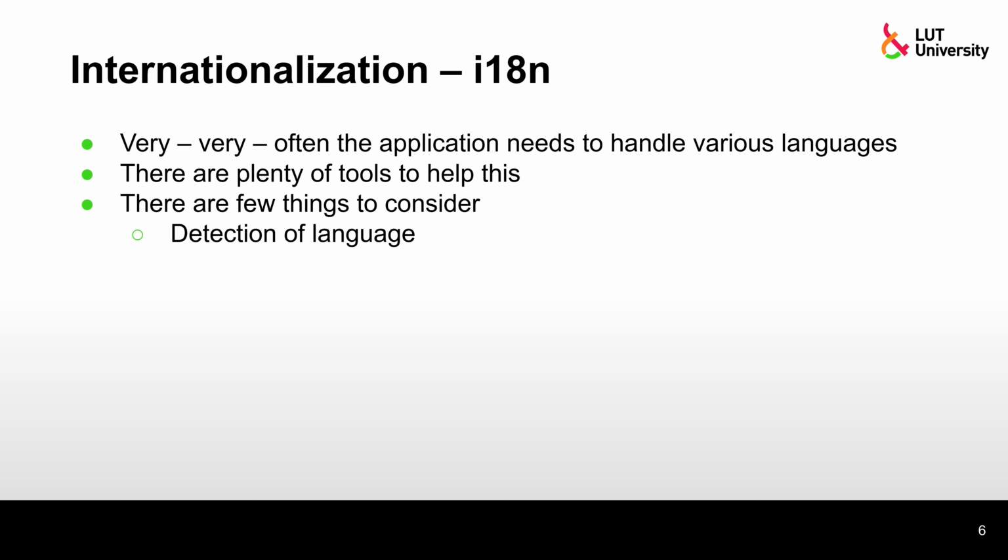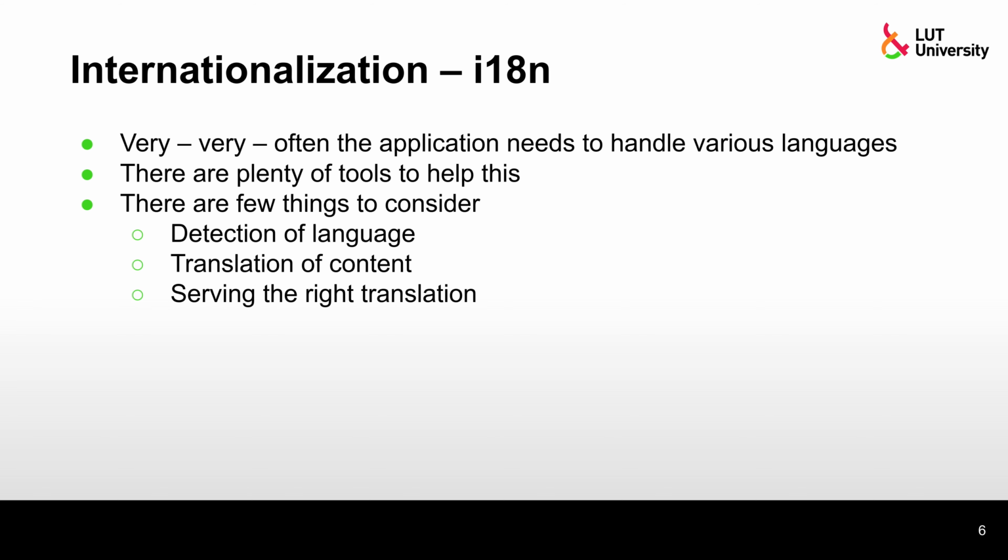But then again, you need to give a user the option to override that automatic detection, so the user has the last word to decide what kind of language he or she wants to use in the web app. And then we need to have a way to translate content and serve the right translation to the user.